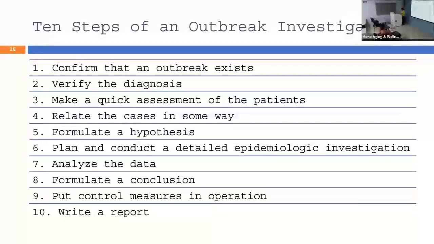Is there epidemiological linkage between the cases, so you know they were in contact with others, or they were exposed to a particular agent at a particular event, whether it's the food or we had the example of the nuclear accident, and you formulate a hypothesis to see what we think is really causing it.